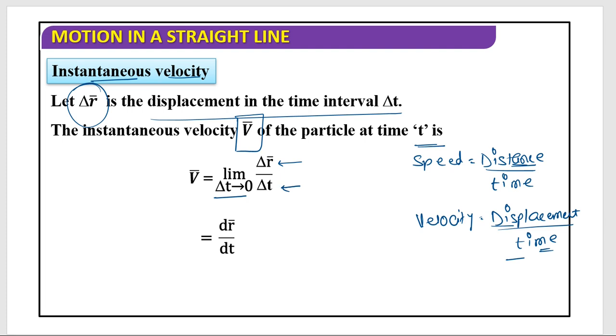It is the same situation, displacement by time, but the time is very small. If this is the function of a limit, we can write it as d by dt of r, and here the differentiation starts playing its role. So v equals dr by dt, v equals dr by dt.